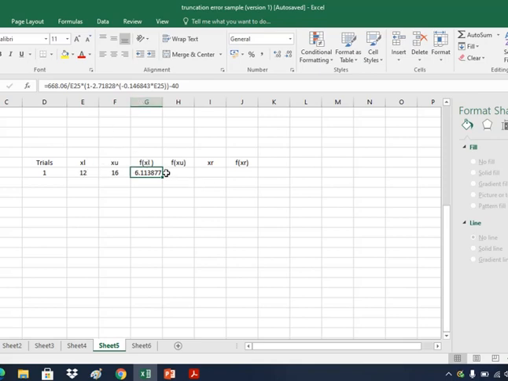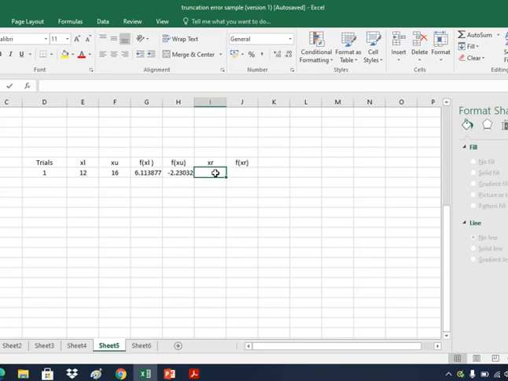Okay, so it will give us the value of f of XL equal to 6.113877. And for f of XU, we follow the same for 16, that is negative 2.230.